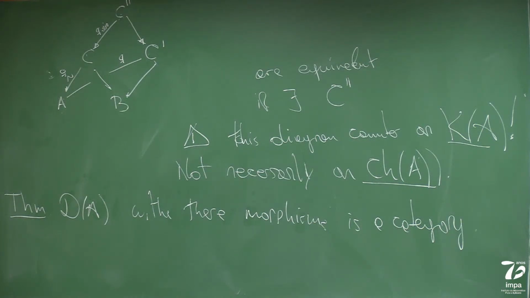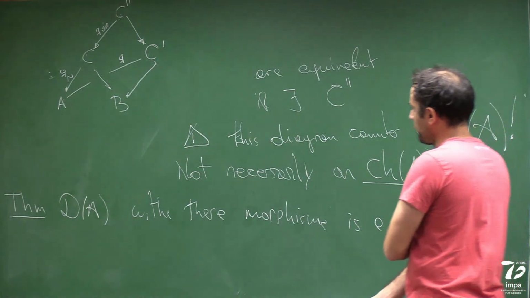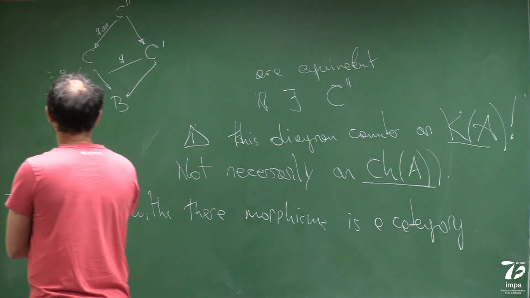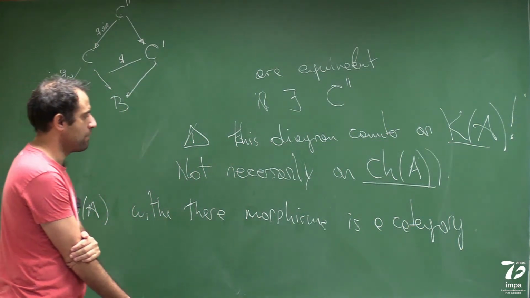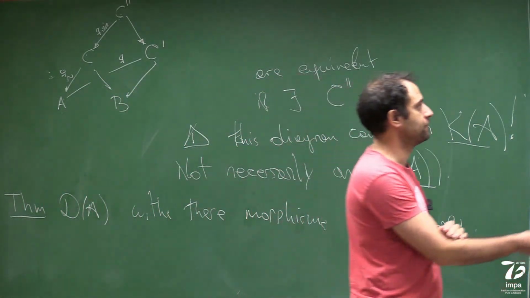So I need to check, for example, that a morphism is equivalent to itself.